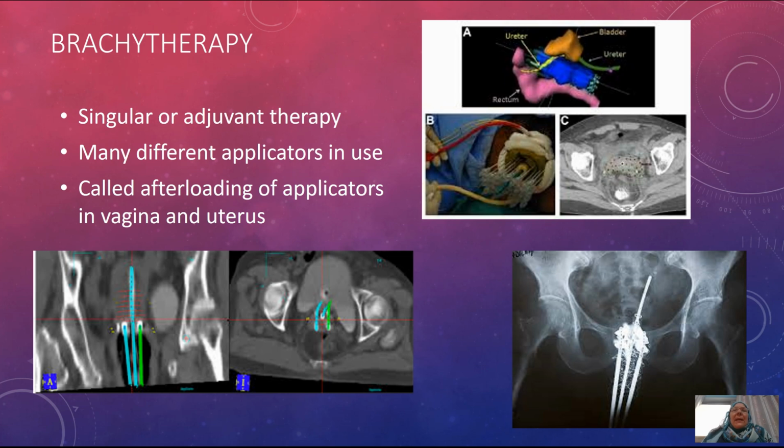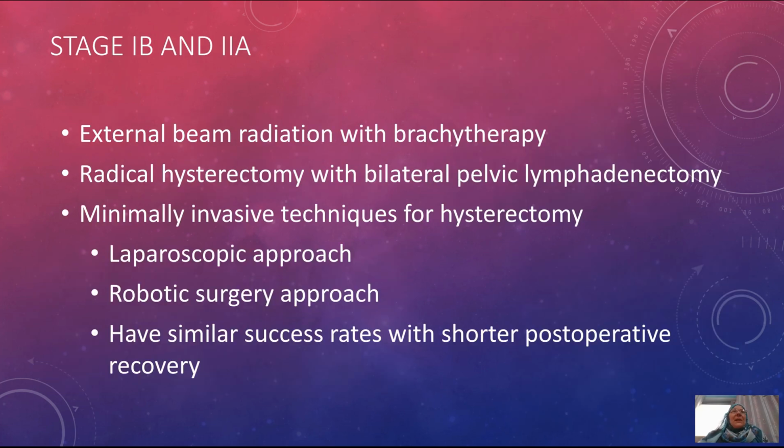Radical hysterectomy is the therapy for stage 1B and stage 2A. All other stages from stage 2B upwards are not well treated with radical hysterectomy. They need external beam radiation and brachytherapy, often combined with chemotherapy.